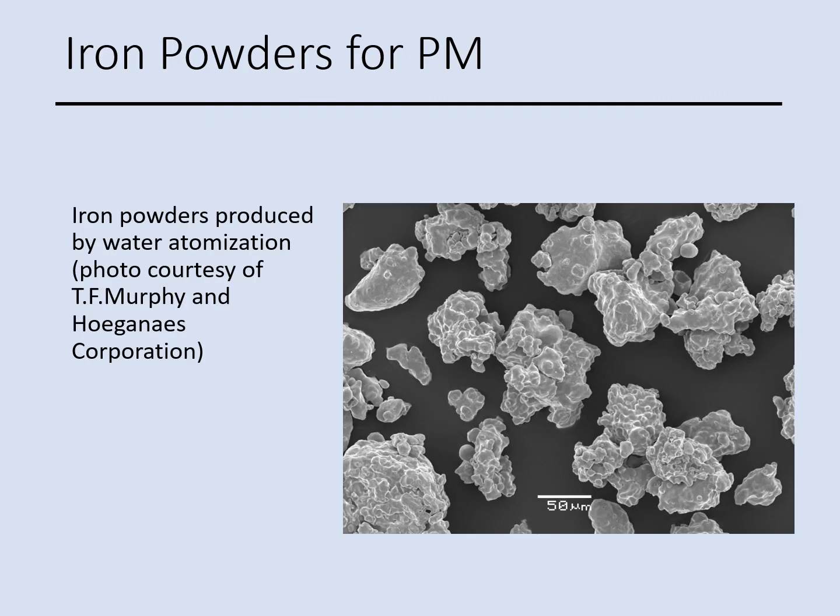In this picture, we see the iron powder produced by the water atomization technique. As you see, the size of the particles is about 50 micron.